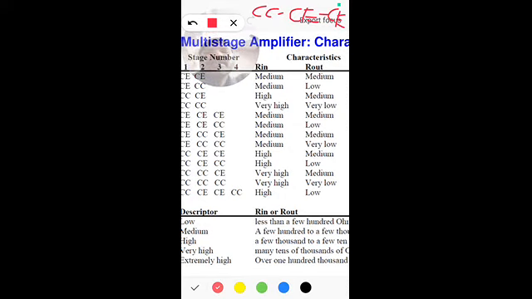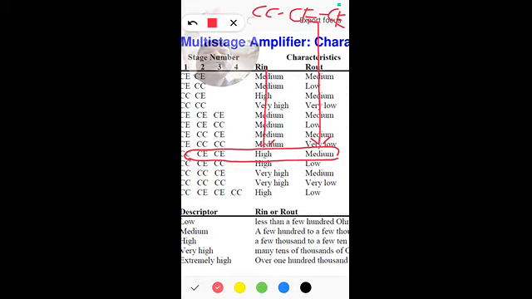So first we have a CC, so Rin is very high. In the second and third stages we have the CE configuration, whose output impedance is medium, so the resultant output impedance is going to be medium.